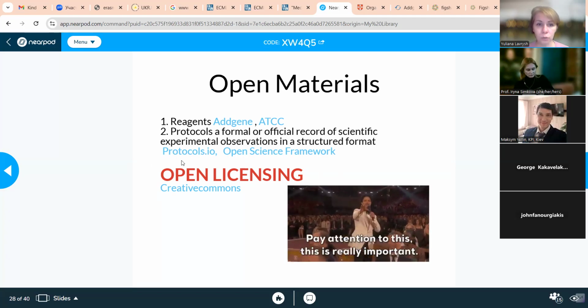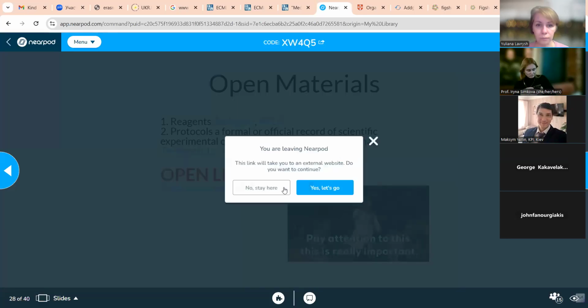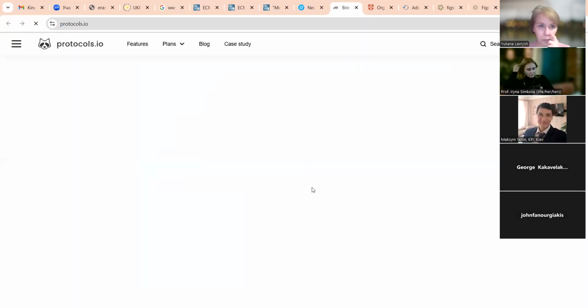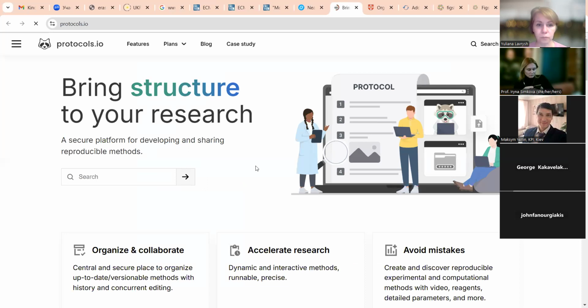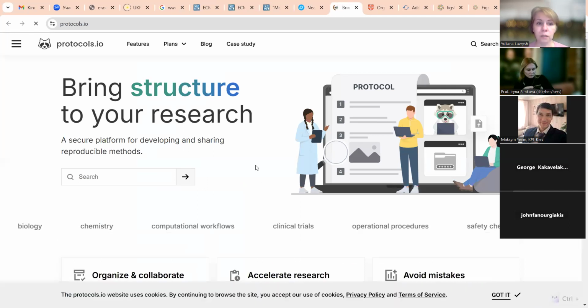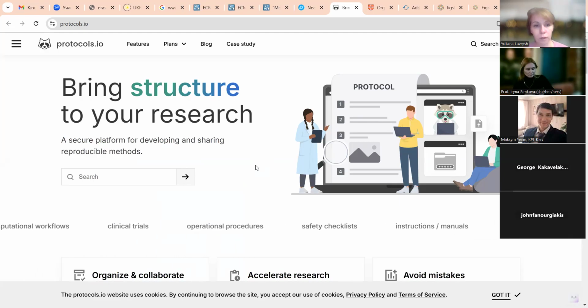And this is also a well-known protocol tool, protocols.io. If you don't know how to create your experiment, what steps should be performed, you can find a protocol here on this site, for example, or you can also upload.